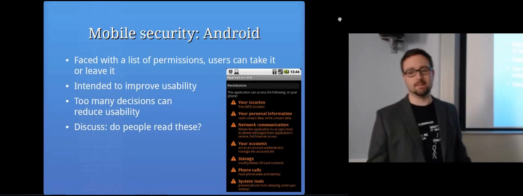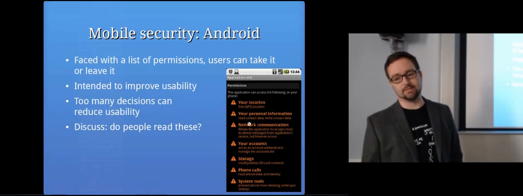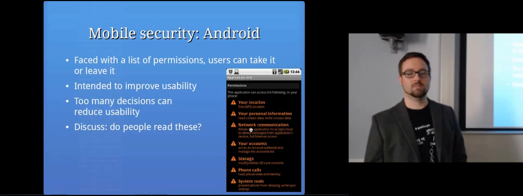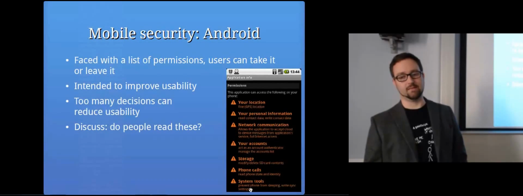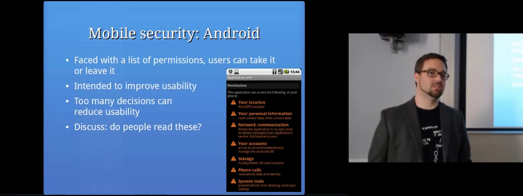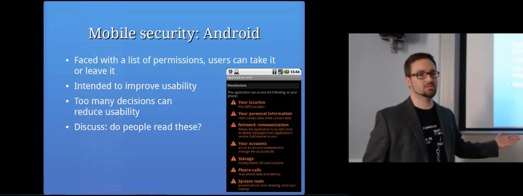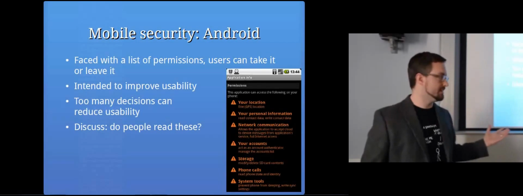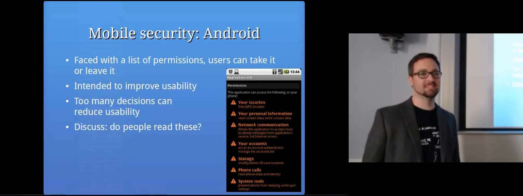And when you go to install an application, Google Play, for example, will list the permissions that it's asking for. And nowadays, they've simplified the interface possibly too much. This is what it looks like when they list everything that the program's trying to do. And then, as a user, you have to decide whether or not you're going to install that application and therefore allow that application to do all the things that it wants to be able to do. So I guess the question is, do users actually read and understand this security prompt?